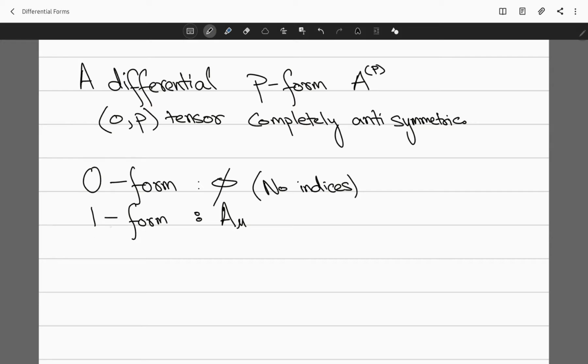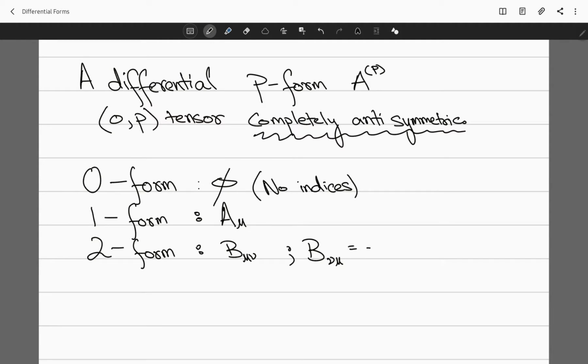And then we could go on further. We could have more forms. A two form, for example, would be B_mu nu, and we have to remember that it has to be completely antisymmetric, right? And therefore the B_nu mu component would be equal to negative B_mu nu, and that preserves the antisymmetric nature.